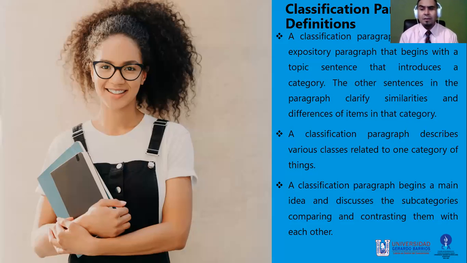Number 2. A classification paragraph describes various classes related to one category of things. And number 3, a classification paragraph begins with a main idea and discusses the subcategories, comparing and contrasting them with each other. Okay?